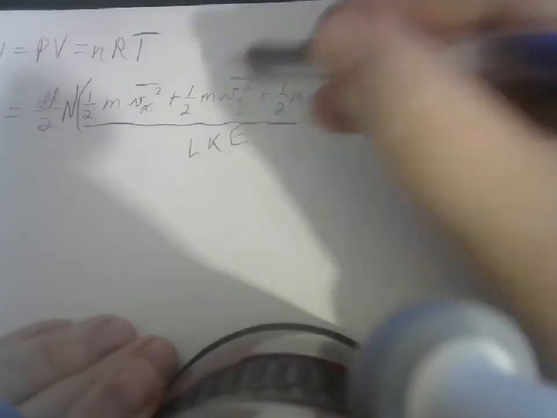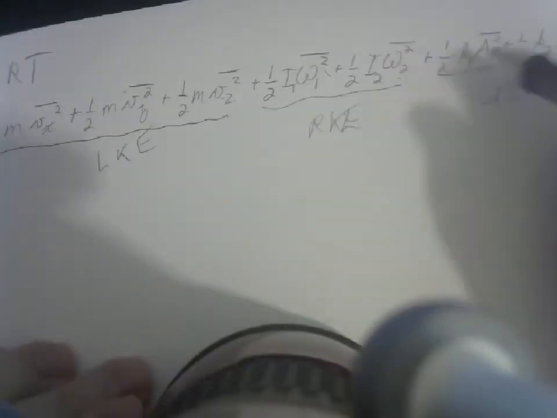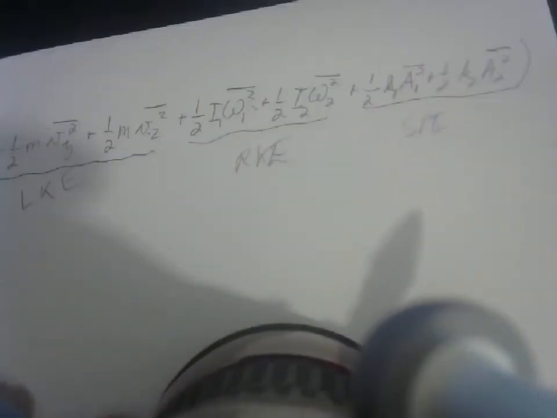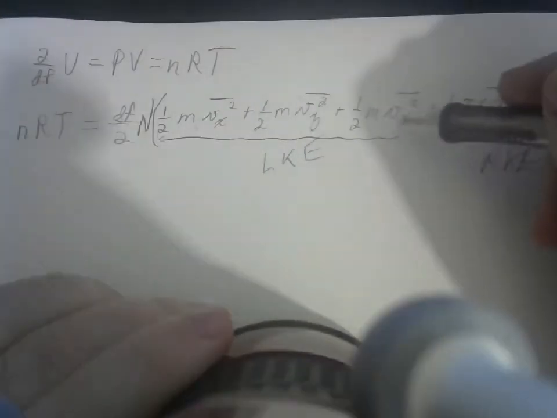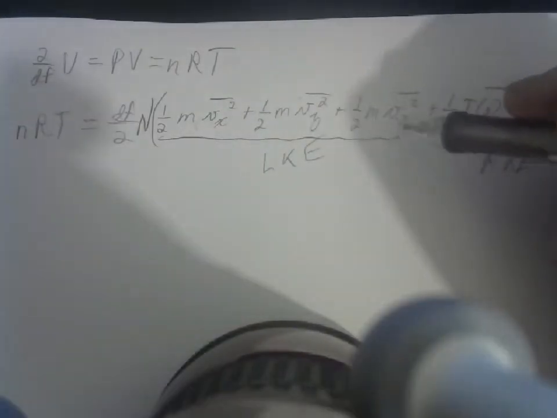If you add these up, you get 1, 2, 3 here, 4, 5, 6, 7. Those are your degrees of freedom. And for this, only 3 of those contribute to the linear kinetic energy.